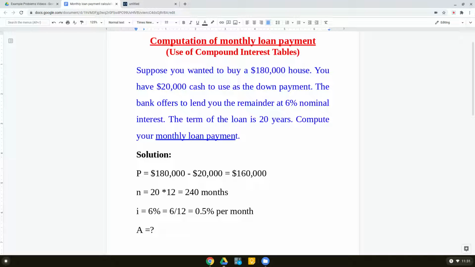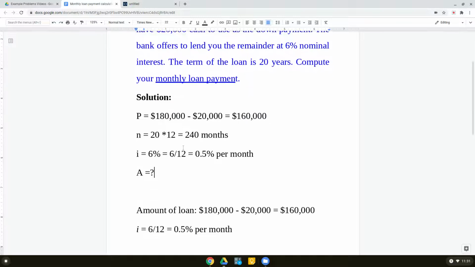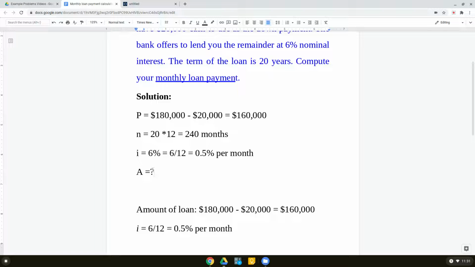Equal payments, so that becomes A. That is uniform, equal. It can be annual, monthly, weekly, as I said, but consistent loan payments. So that is given by letter A. So now we want to calculate A. So let's work on that.